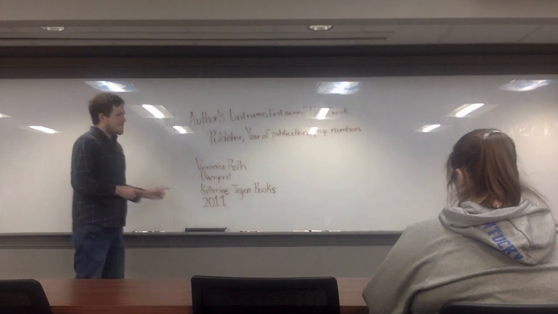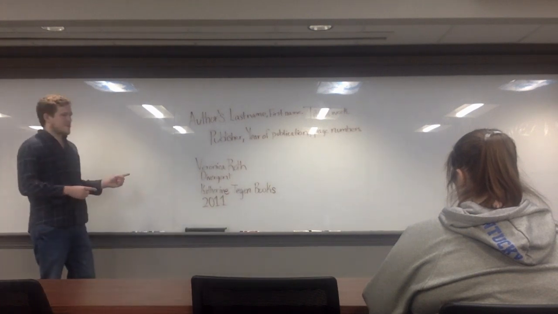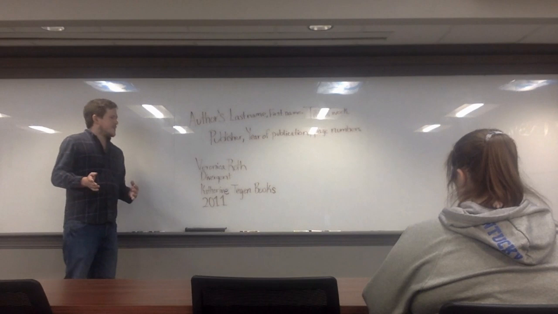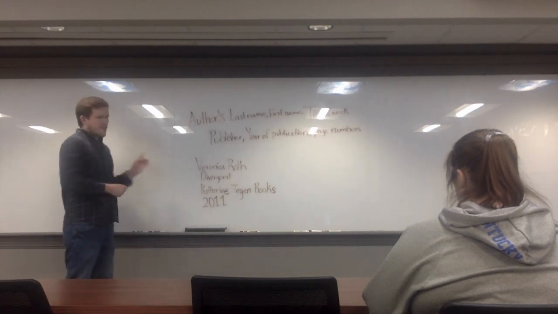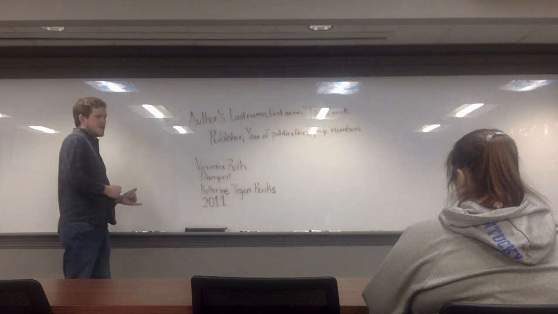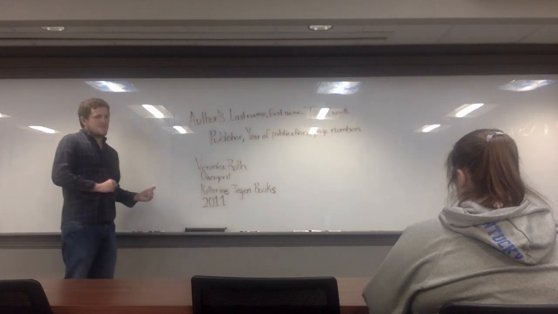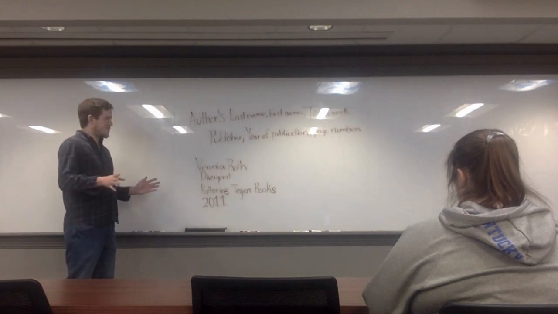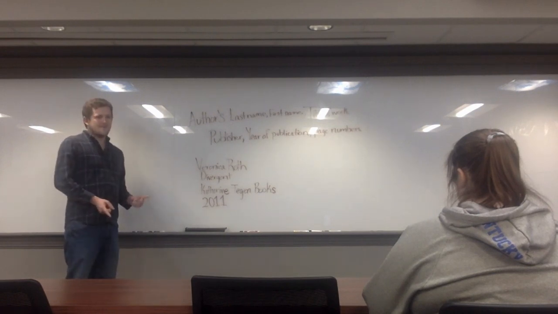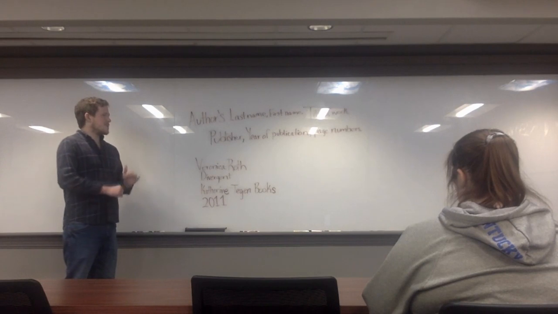Kind of leaning into that, finding sources on scholarly journals is about the URLs. You have .coms, .govs, .edus, all sorts of URLs. The ones you want to stick to, the most important ones, are the .edu URLs.